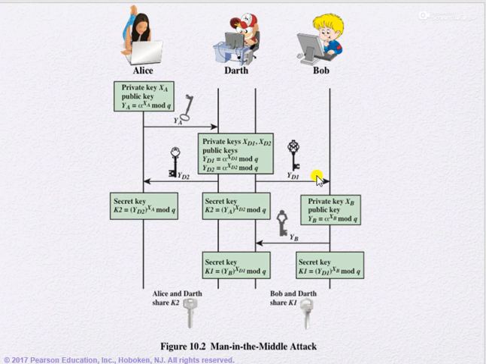There is no way for Bob to confirm whether this YD1 came from Alice or Darth, as there is no user authentication or MAC with this public parameter.